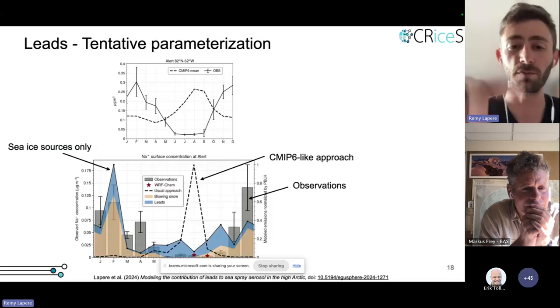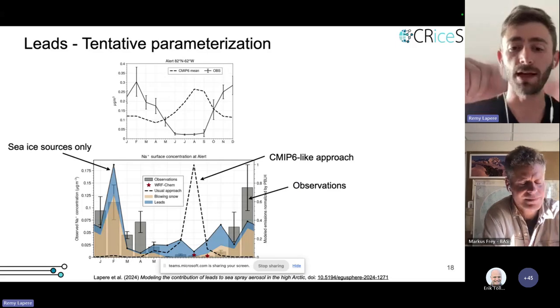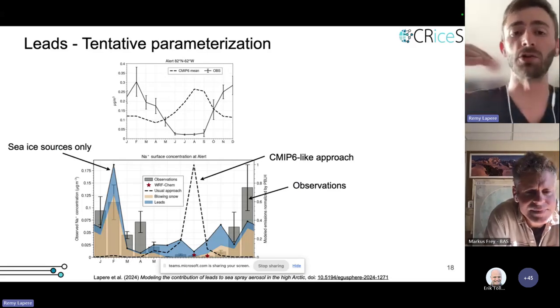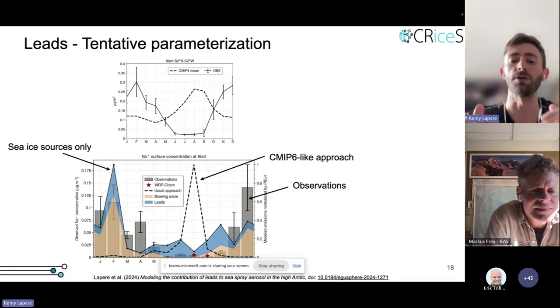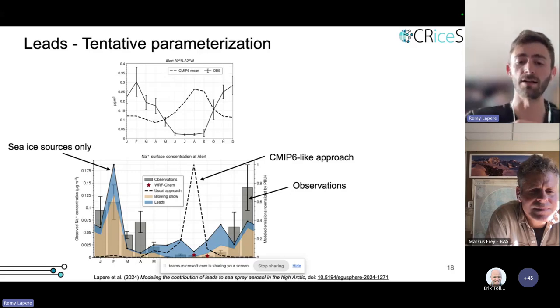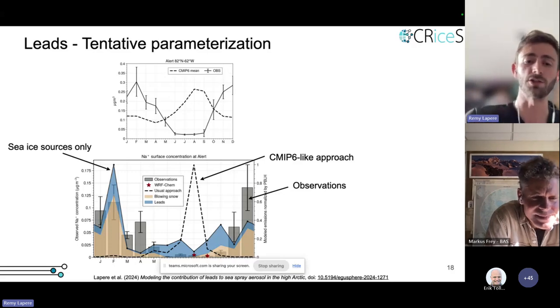So in both plots, the dashed black line on top is actual CMIP, and on the bottom is the idealized CMIP6-like annual cycle of sea salt concentration in the atmosphere at this Alert station that's close to sea ice. And in gray are the observations. And the blue and brown are if you consider only emissions from blowing snow and leads near Alert.